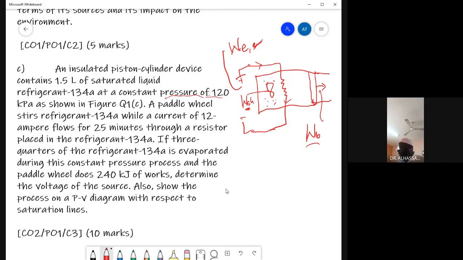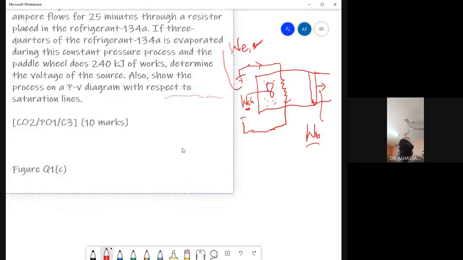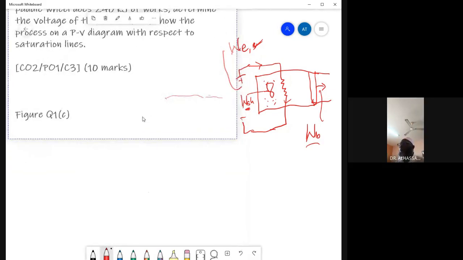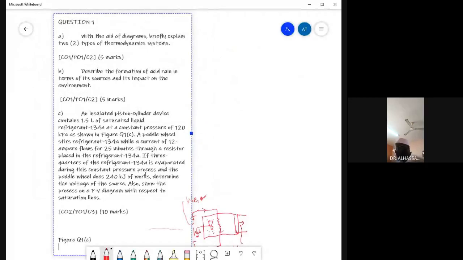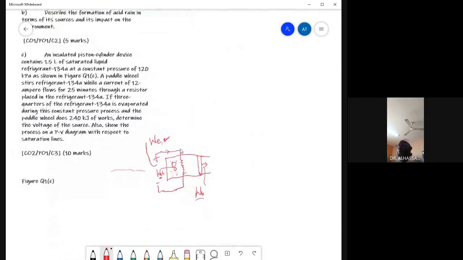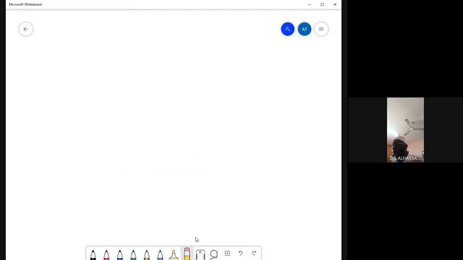Okay, so the whole thing is like this. Let me make it a bit small. I think I should copy this again.